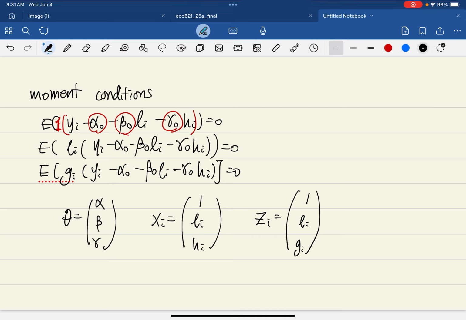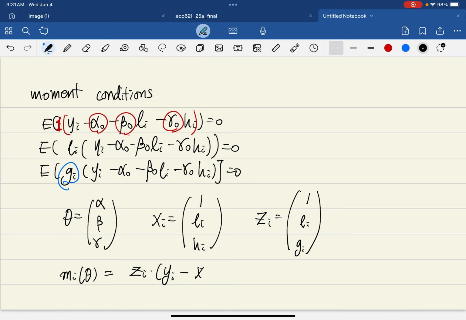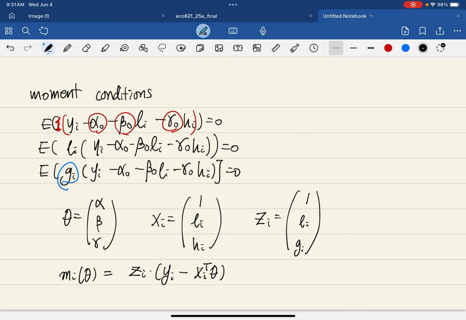And because g is usually what we denote the moment condition as, but it is used here, so I'm going to define mi, the moment function, as mi, which is zi times yi minus xi transpose theta. This is the moment condition, and we know expectation mi theta 0 at the true value is 0.